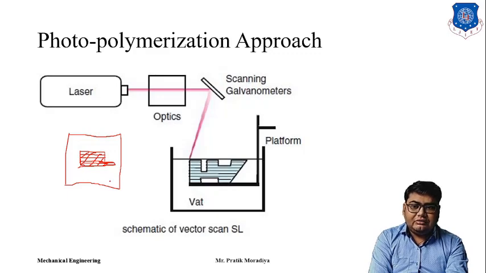So this is how the vector scan will work. Basically vector scan needs scanning of the entire area whether there is part or not, so it takes time to complete even a single layer.